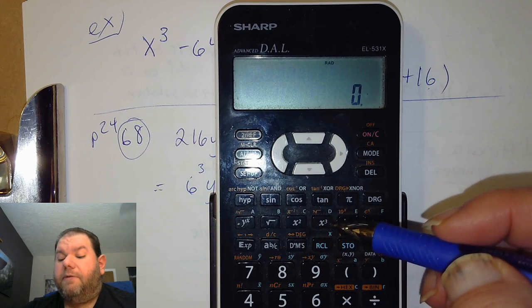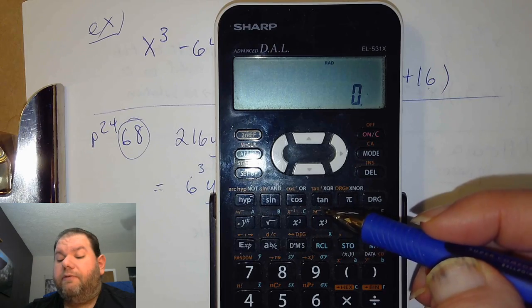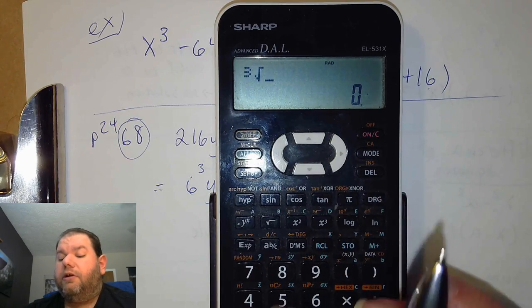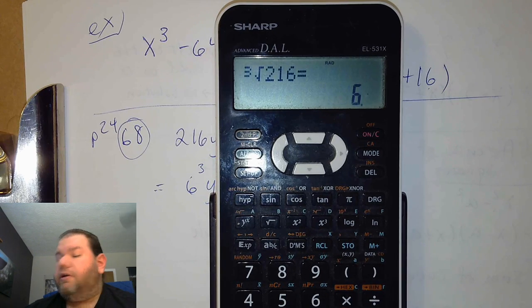In my case, it's above the x cube button, so if it's cube root of x, that's second cube root, and enter 216, and it gives me the value of 6, so that is 6 to the third. That's another way we can use our calculators to help us figure out these things, especially if it's one that we're not familiar with. Probably most of you know that 1 cubed is 1, 2 cubed is 8, and 3 cubed is 27. After that, it might get a little fuzzy, which is okay.